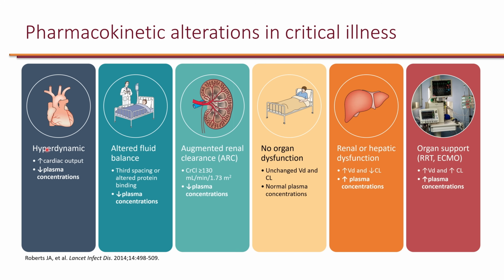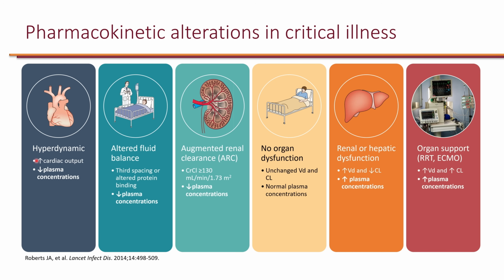So, for example, there are 3 things I have listed on the left-hand side that can lead to reduced plasma concentrations. So, for example, hyperdynamic environment in the patient. So, whether naturally if the body is responding to let's say a drop in blood pressure due to the infection, or whether we are actually causing this by giving pharmacologic agents such as vasopressors.